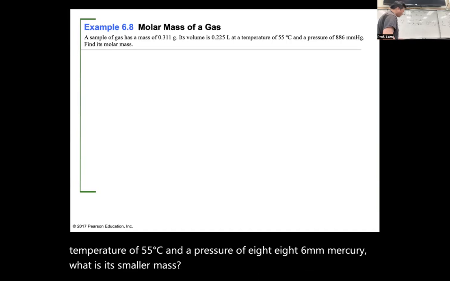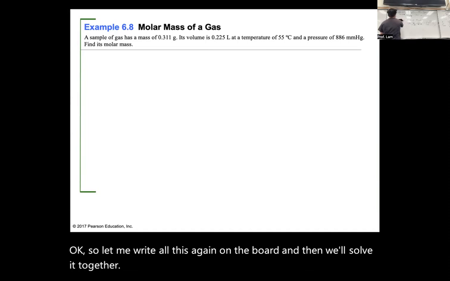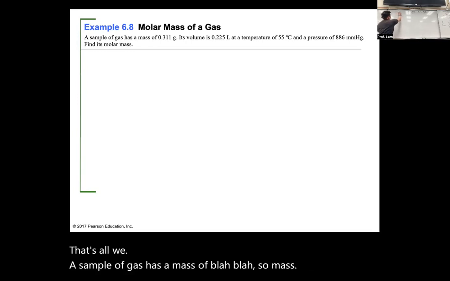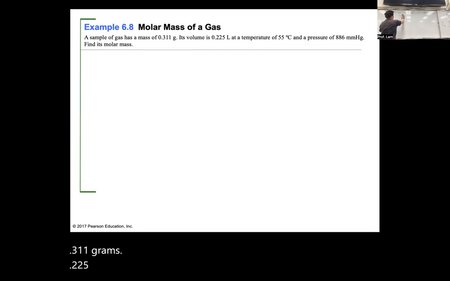Let me write all this again on the board and then we'll solve it together. So we have a sample of gas with a mass of 0.311 grams. Volume 0.225 liters. Temperature 55 degrees Celsius.